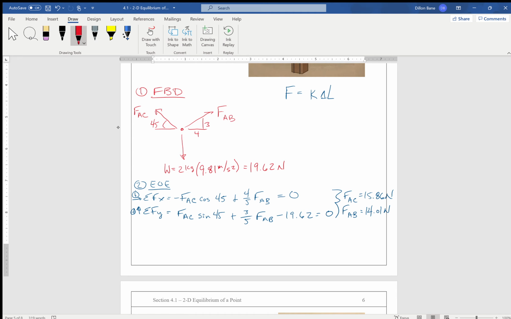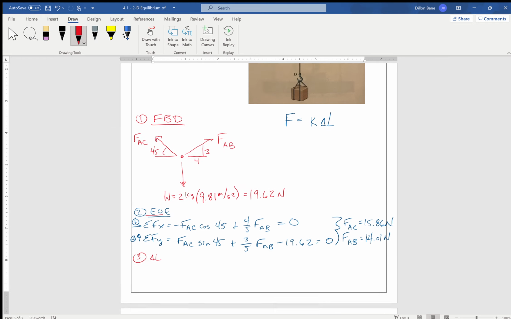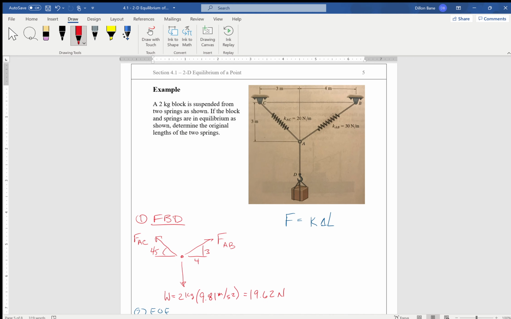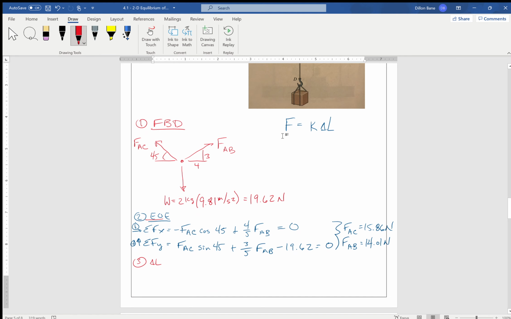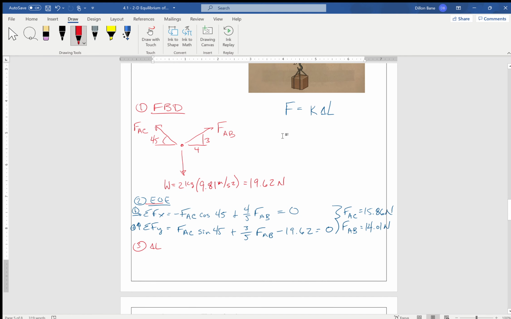Step 3, delta L. Delta L of AC would be the force in AC divided by K of AC.